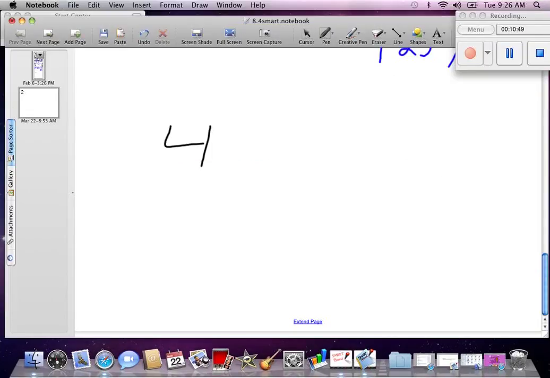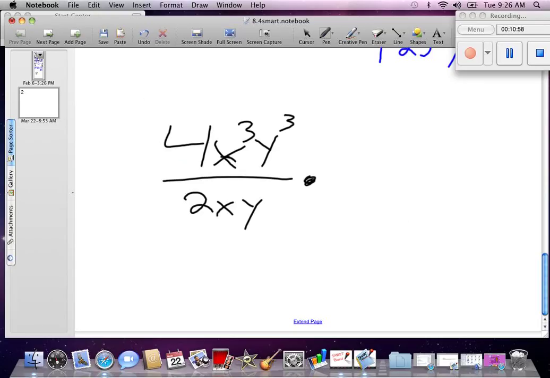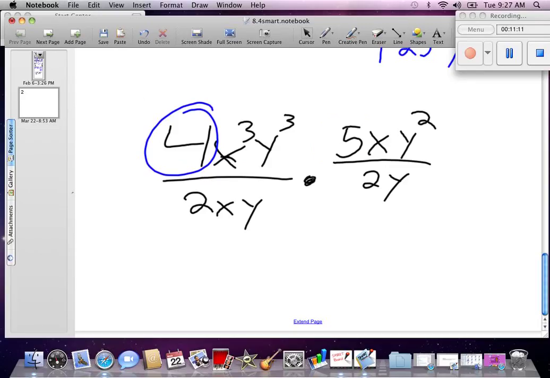So I've got 4x cubed y cubed over 2xy, and I'm timesing the whole thing by 5xy squared over 2y. So the first thing I'm going to do, ladies and gentlemen, is I'm going to multiply the tops, multiply the bottoms. So first I look at my whole numbers. 4 times 5 gives me 20.